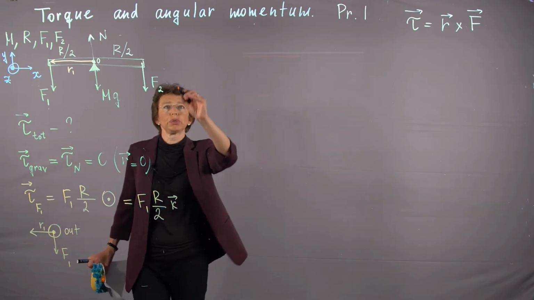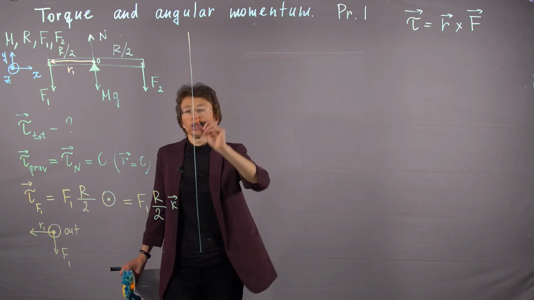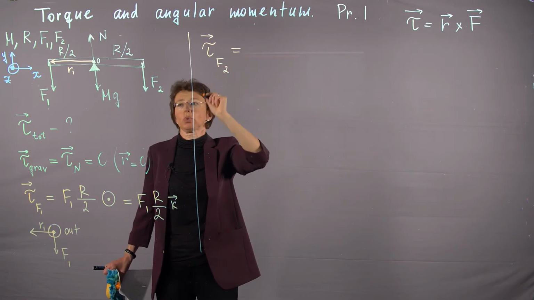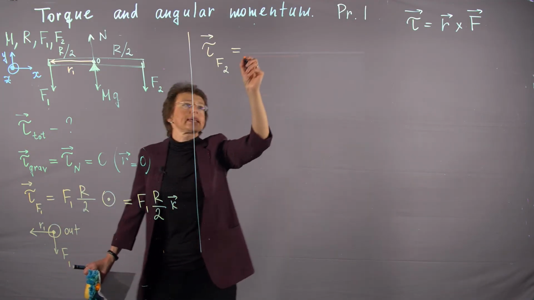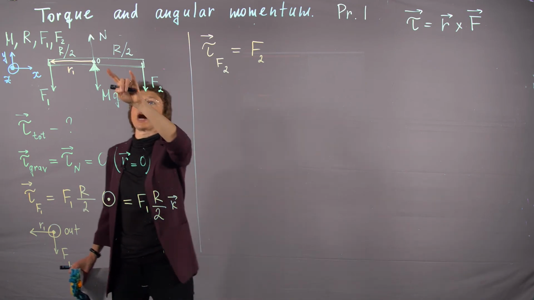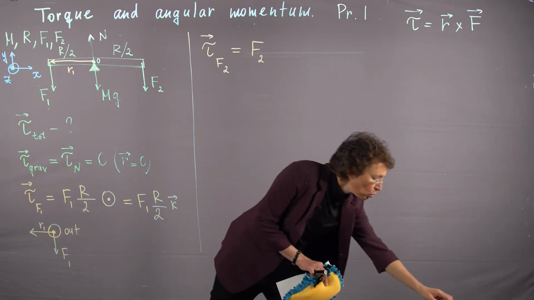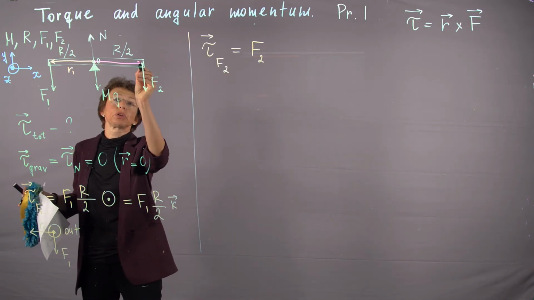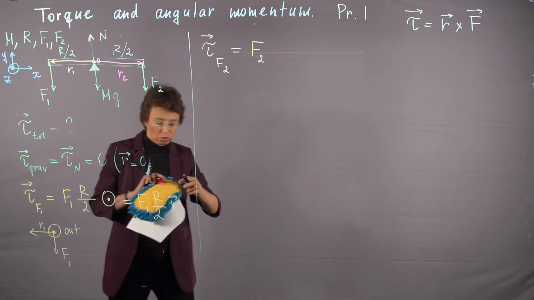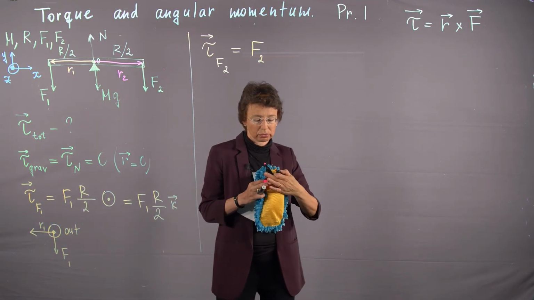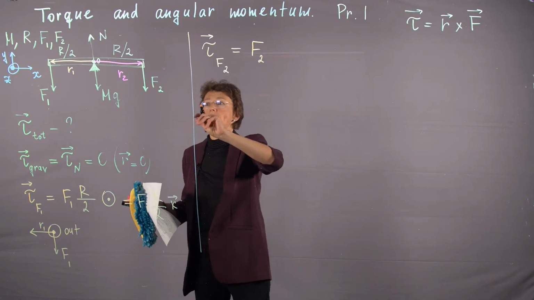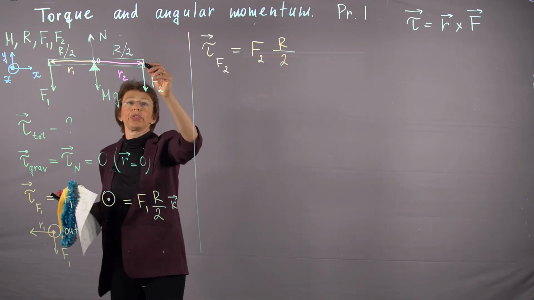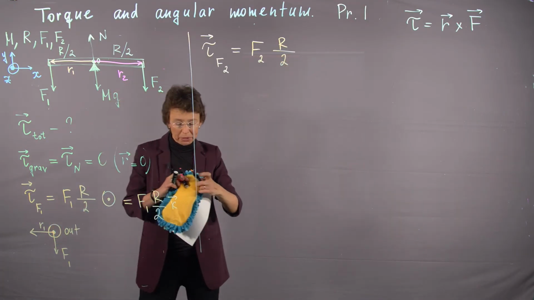What is tau F2? The torque created by force F2 is F2 times R2, where R is from the pivot to the point where the force is applied. The magnitude of R2 is capital R over 2, and F2 and R2 are perpendicular to each other.